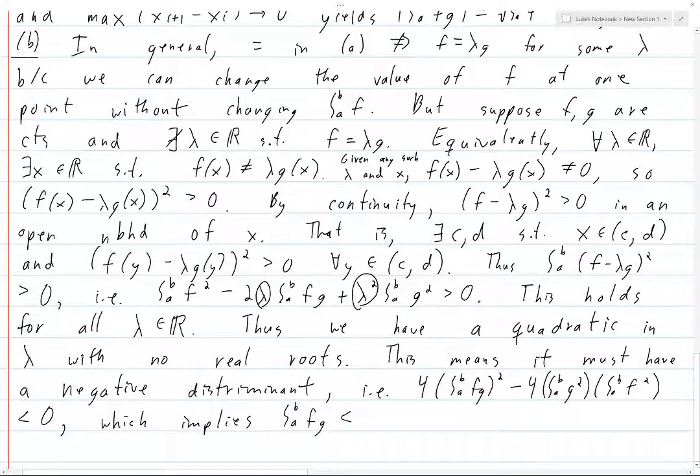And this is less than, on the right-hand side, the integral from a to b of g squared times the integral of f squared. The 4 will cancel. And then we take the square root of everything, so we'll have the square root of the integral from a to b of f squared, and then the square root of the other thing.